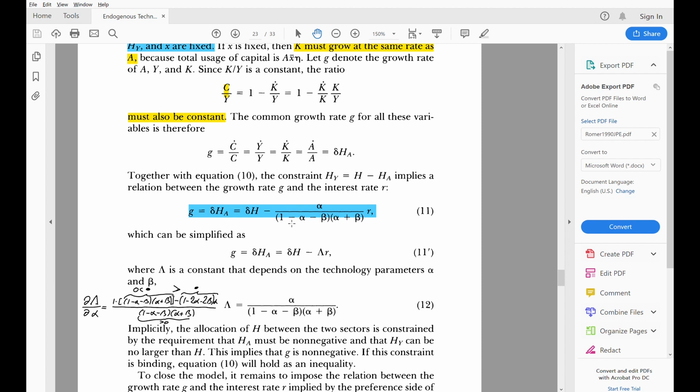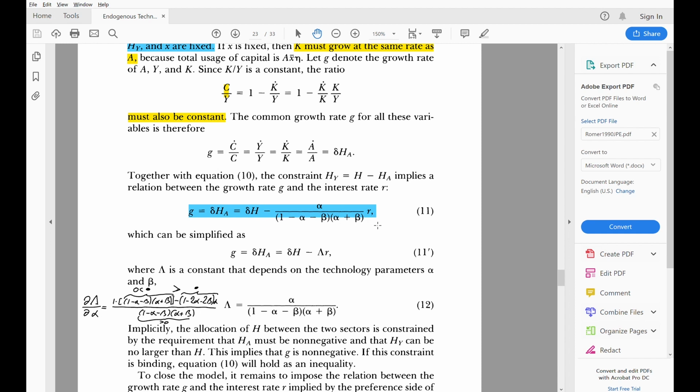So this term essentially reflects the incentives for human capital to work in the final goods sector, and that's taken away from the overall, so that has a negative effect on the steady state growth rate. We see here the real interest rate, so a higher real interest rate means less growth.